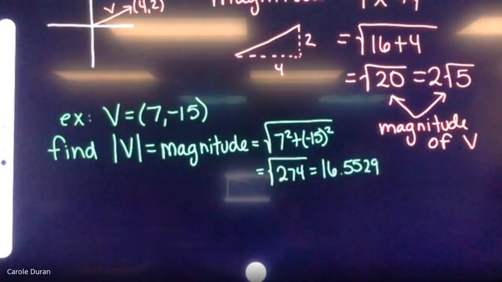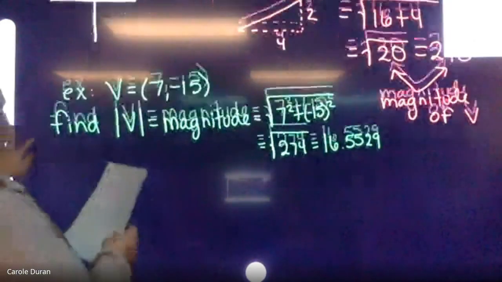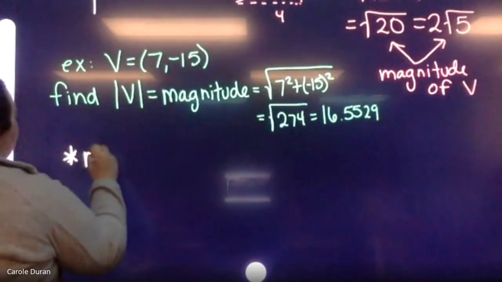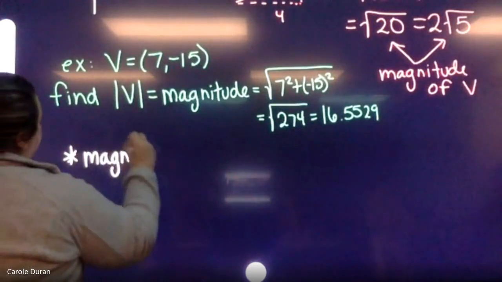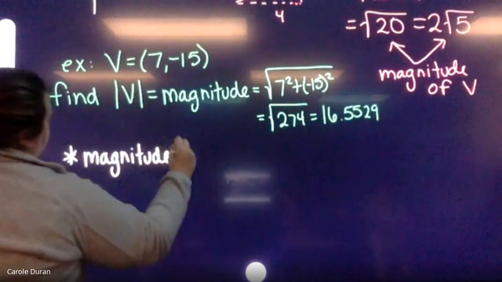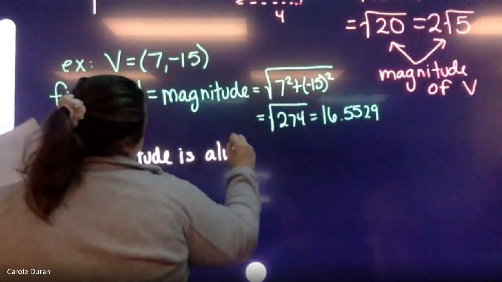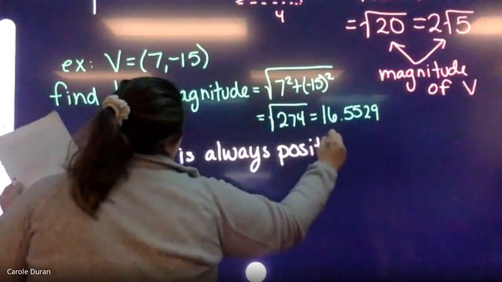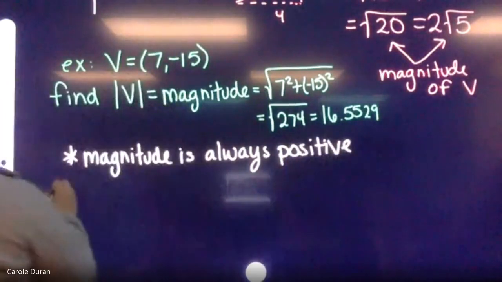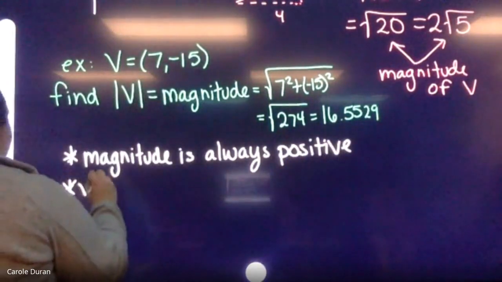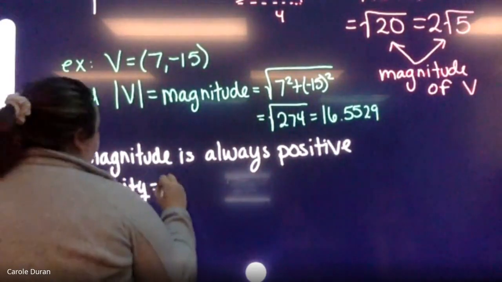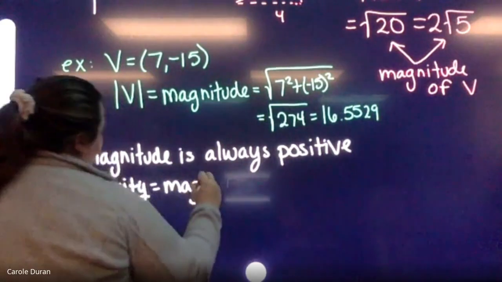Okay, so there are a couple things that we should keep in mind. The first is that magnitude is always a positive number. If you get a negative, something is wrong. The second is that velocity is equal to magnitude plus direction.